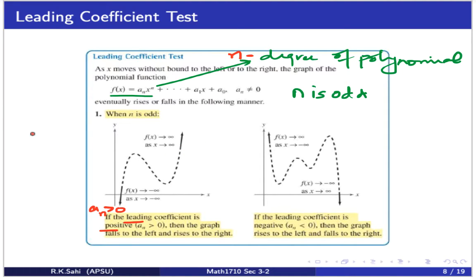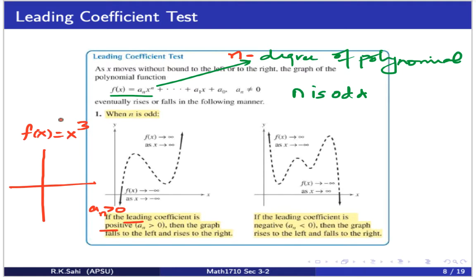Very simple example we just did. Remember f(x) equals x cubed? In our previous session, we looked at graphs of cubic functions. First of all, this cubic function is an odd degree. So according to the leading coefficient test, what is the coefficient over here, guys?